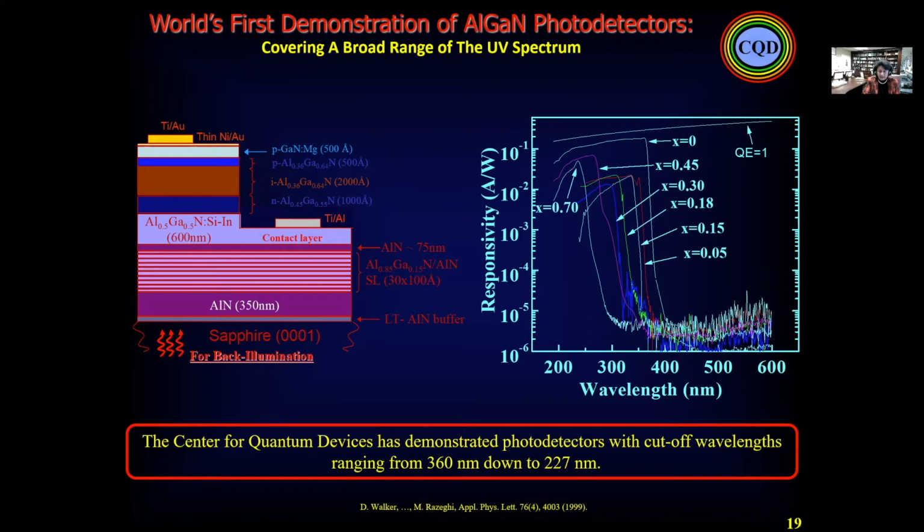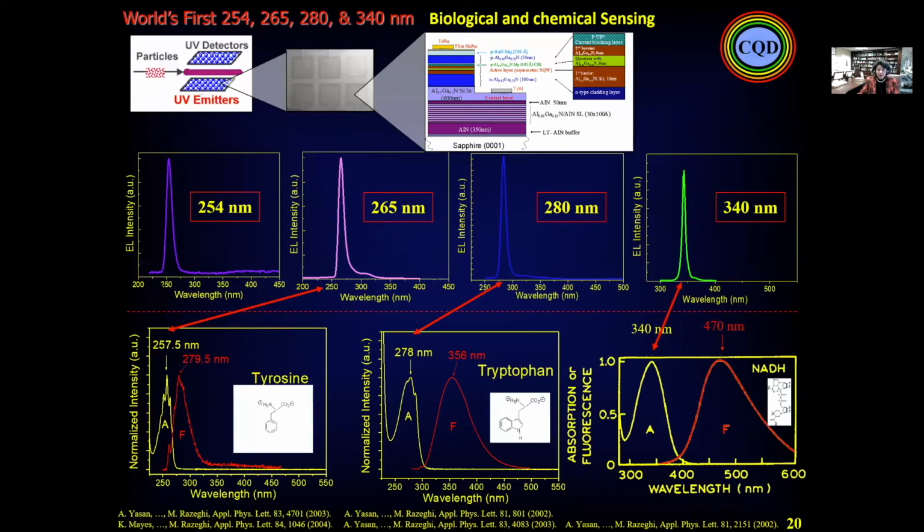After that, we tried to come up with applications, first again biological and chemical sensing. We made different LEDs for the different wavelengths, and at the same time a detector associated with each.